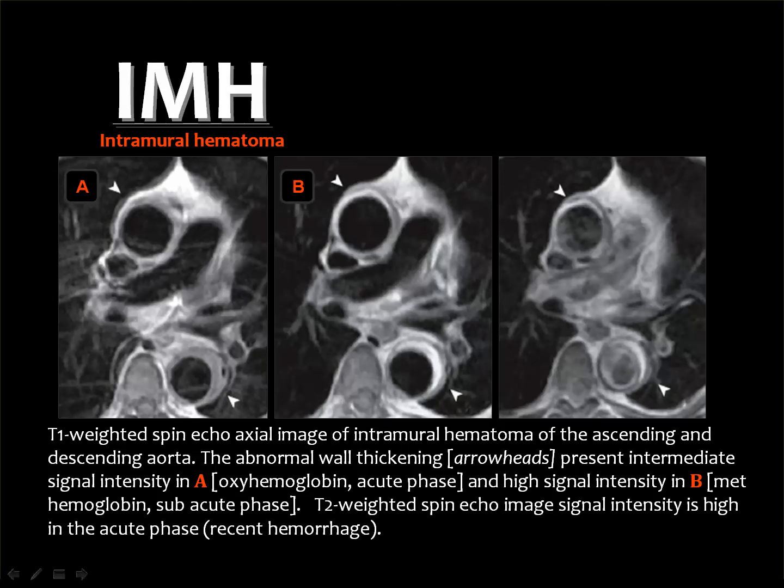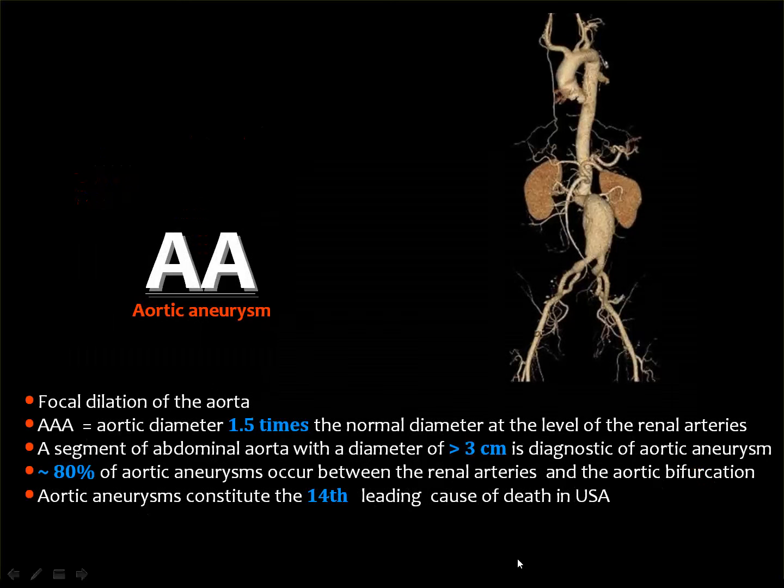Sometimes they say that MRI, because of its sensitivity to different hemoglobin components of the hematoma, is able to see a subacute hemorrhage, for example, as a bright signal in the T1 and T2 weighted images, which may help you to identify the intramural hematoma.